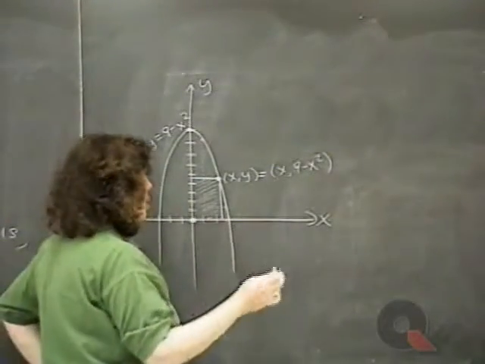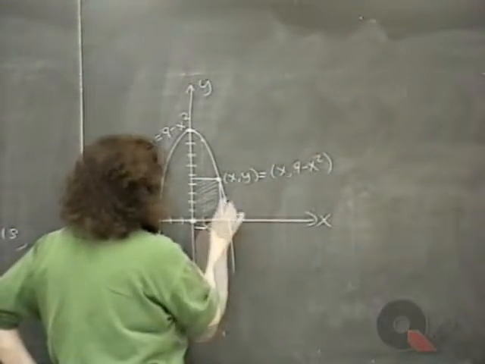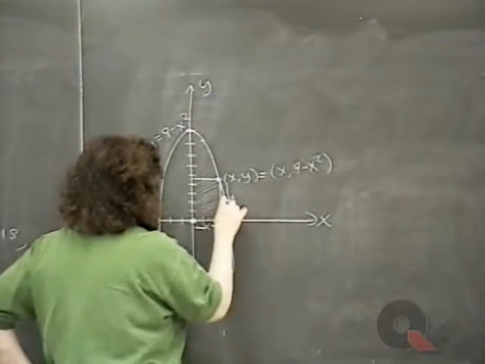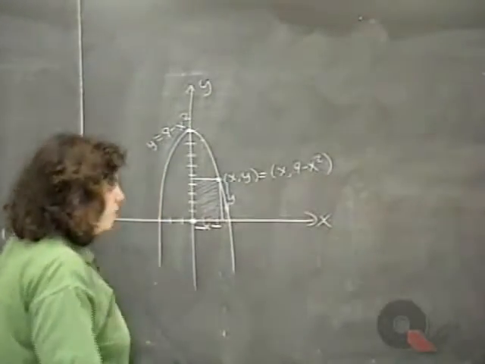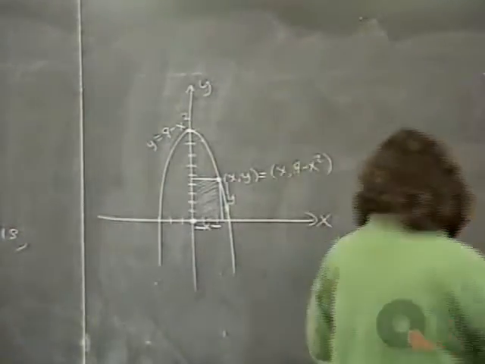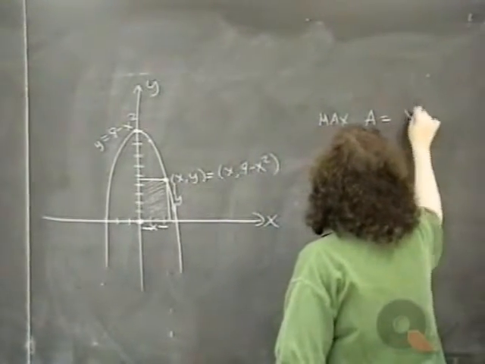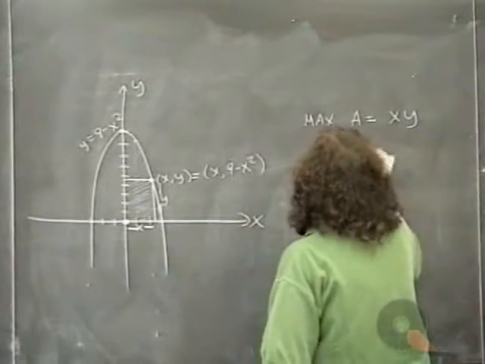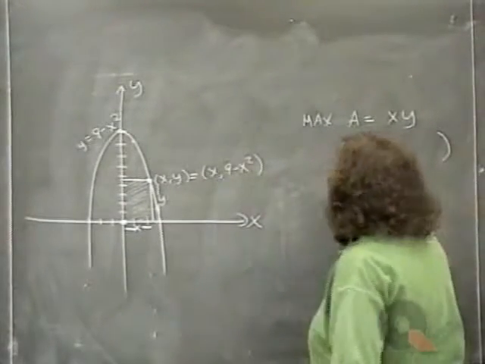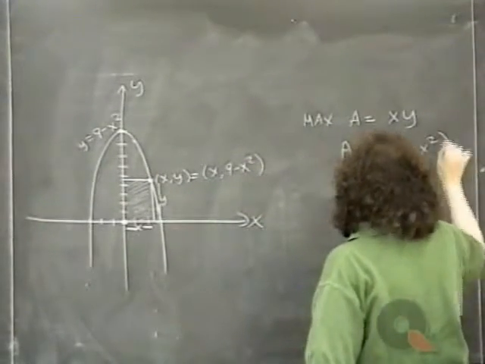The area of a rectangle is length times width. This dimension is y, but of course, it's 9 minus x squared. So, we want to maximize the area, which would be x times y, but we know that y is 9 minus x squared.